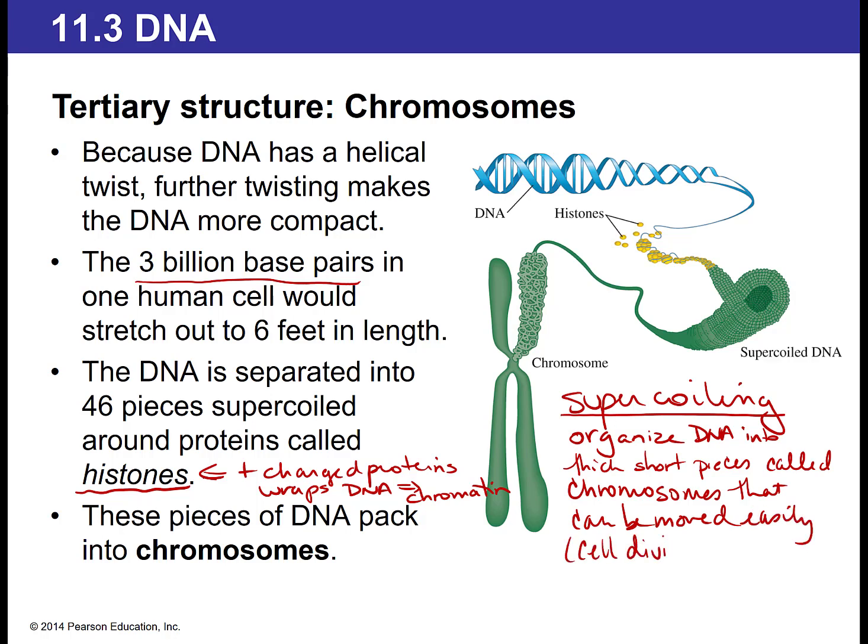The only time you see chromosomes is during cell division. It only happens during mitosis. So it only happens when the cell has to tightly wrap its DNA in order to be able to divide. That's considered the tertiary structure. The highly folded structure of DNA wrapped around those histones, keeping it really organized within the nucleus.